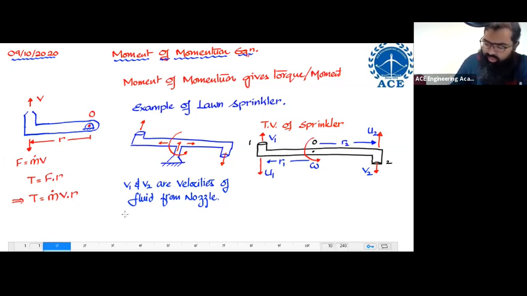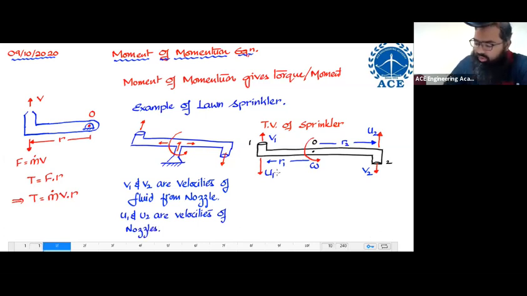So what are U1 and U2? U1 and U2 are velocities of the corresponding nozzles. What should the value of U1 be equal to?